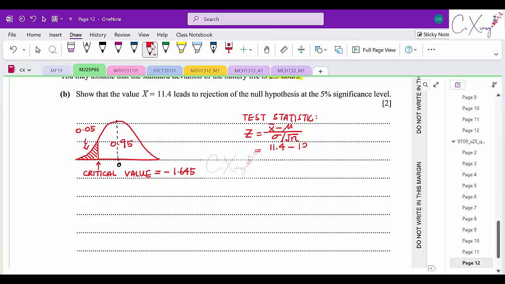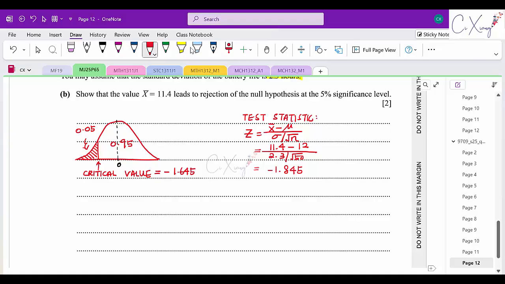What is the population mean? It is 12. What's the standard deviation? 2.3. What is the sample size? Square root of 50. And from here, you'll get the value negative 1.845. This will be your test statistic.